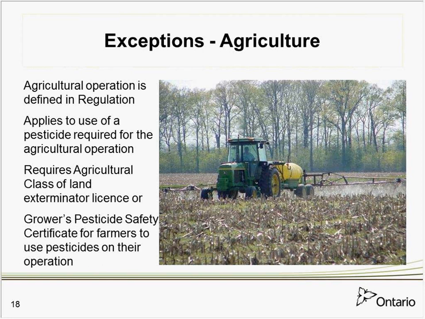So you can't spray the lawn of a farm, like the front lawn, because that's not required in the agricultural operation. It requires either the agricultural class of land exterminator's license, or, if farmers are using the pesticides on a farm that they own or operate, the grower pesticide safety certificate for the Class 2 or 3s, and then the Class 4s they would be exempt.